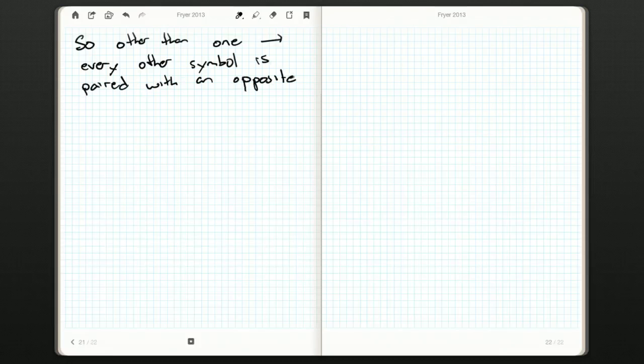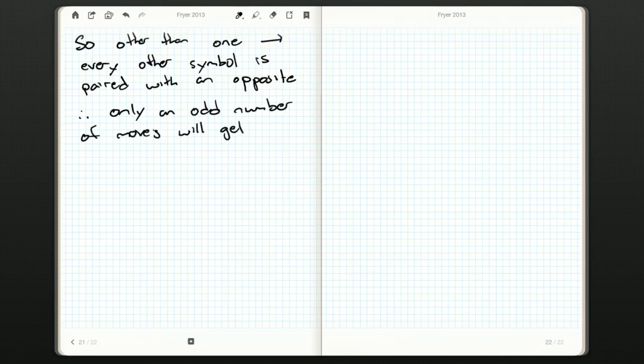Every other symbol other than exactly one of the right movements cancels out with its opposite symbol. So the only way to get to 1, 0 is by using an odd number of moves. You need to go over 1, and then every other symbol has a pair. So there'll be an even number of all the other symbols.